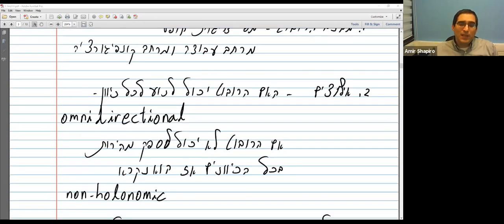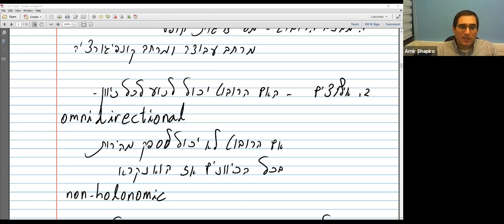There are some constraints for the robot. Sometimes the robot cannot move in all directions. Sometimes it can move in every direction, and these are called omnidirectional robots, omnidirectional wheels. Then the robot can provide speed or move in any direction. But if it cannot provide velocity in any direction, and there are some constraints, like in our car, we cannot move sideways in order to park the car, we have to do some maneuver in order to park.